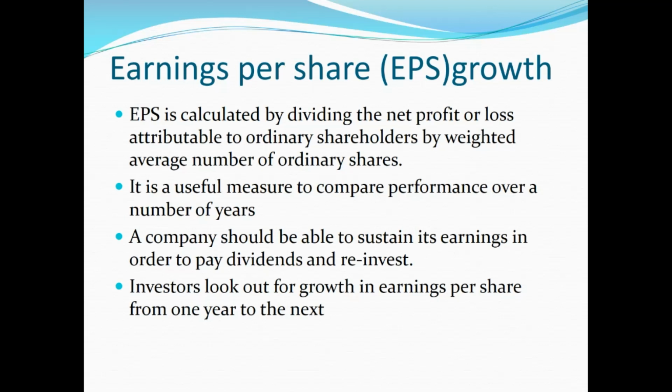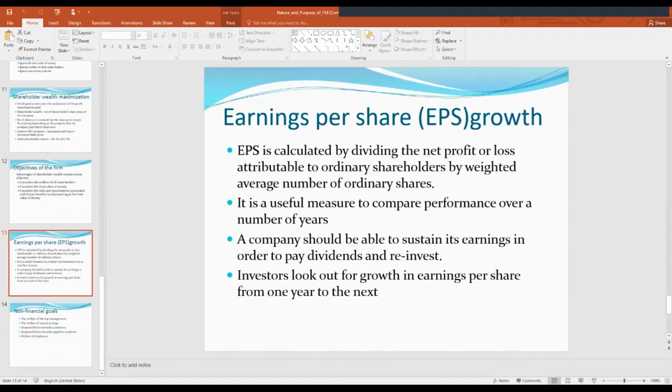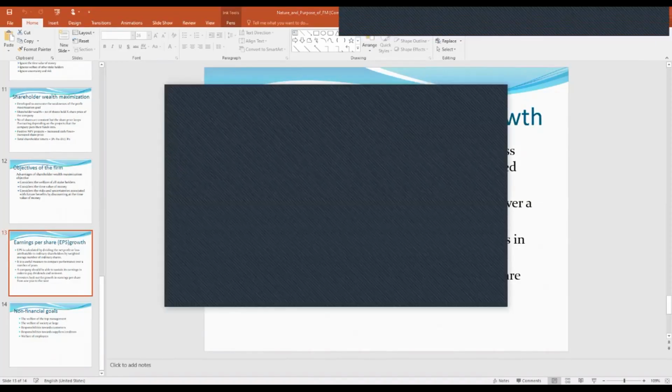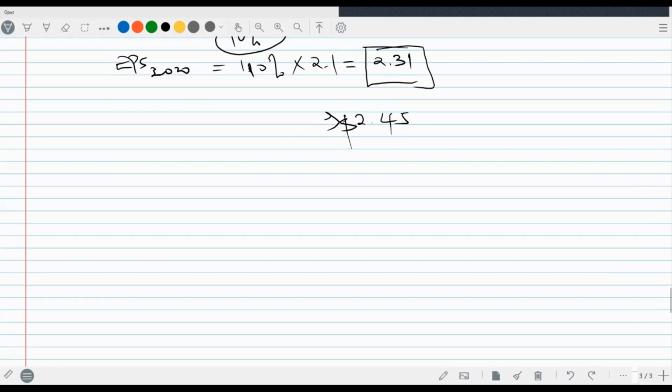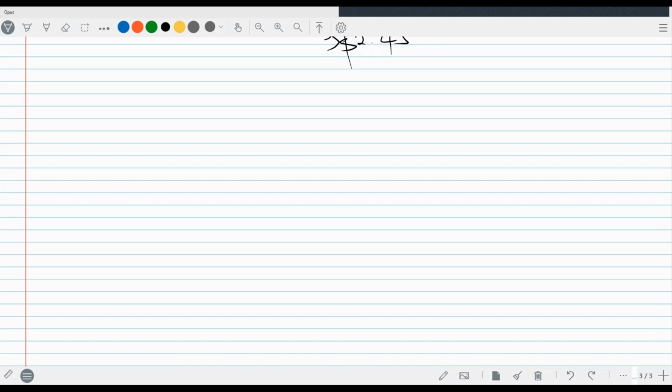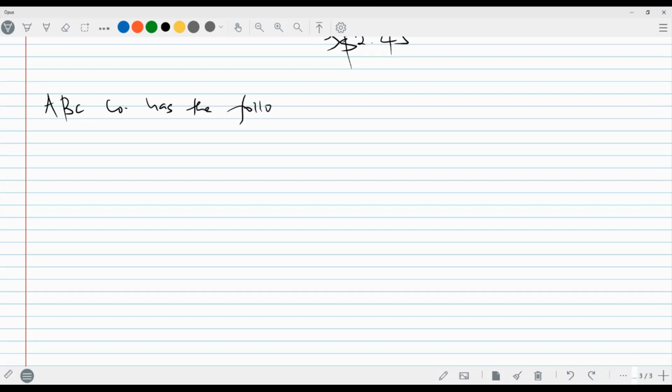So let's do an example. ABC company has the following financial statement extracts.